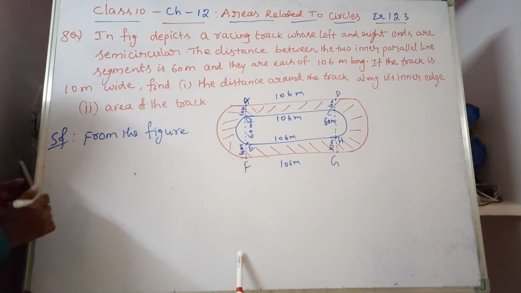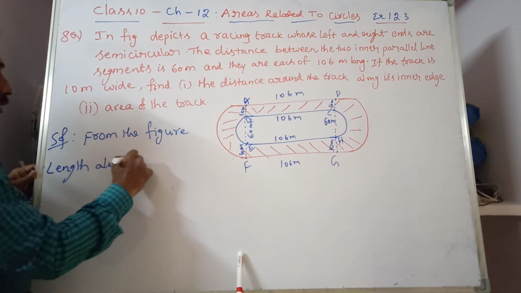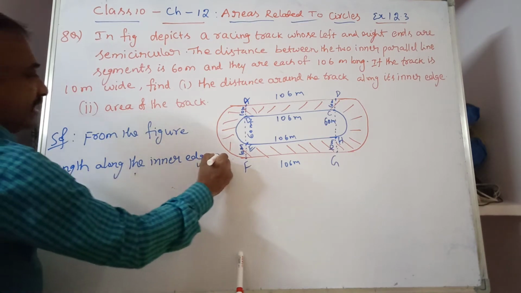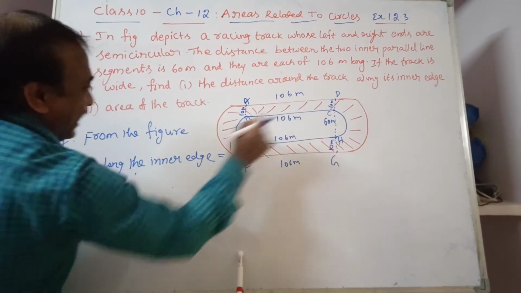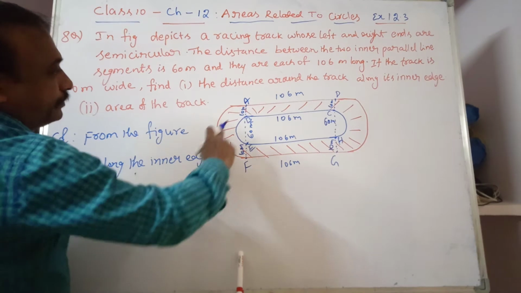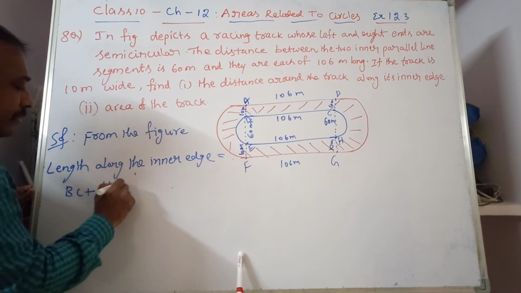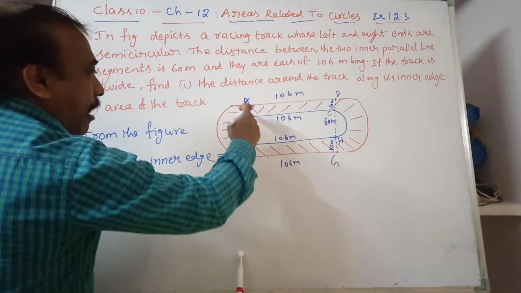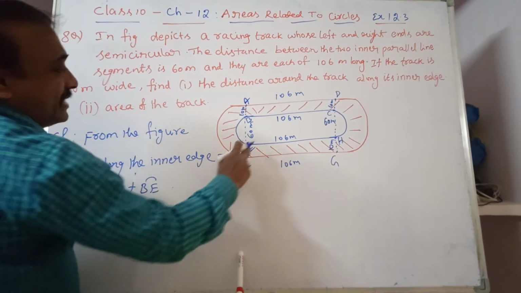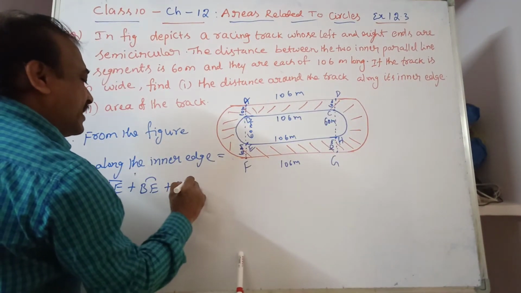So the length along the inner edge is equal to the length of BC plus the length of HE, these are the line segments, plus this arc BE, which is nothing but a semicircle, and CH.